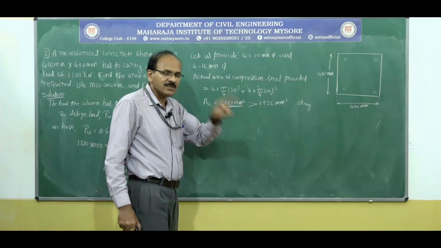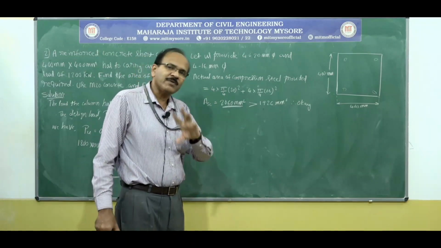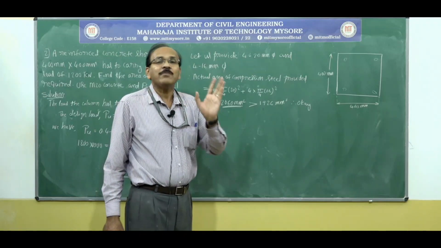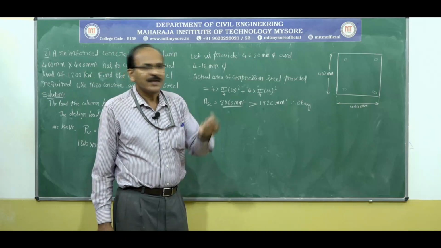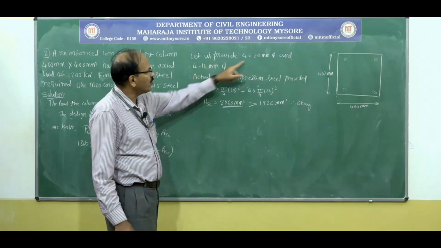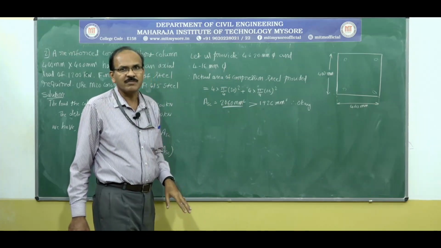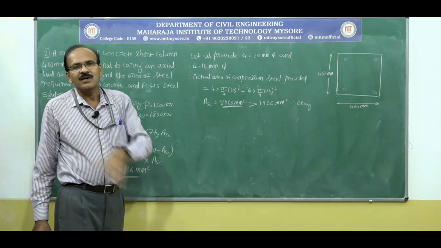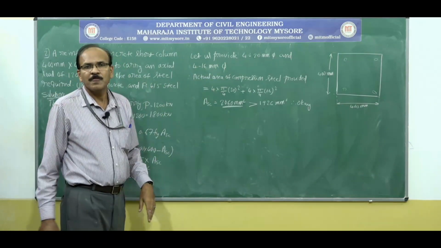So 1926 is the minimum area of compression steel required. So 8 bars of 16 mm is not adequate. So 8 bars of 20 mm is too much. That is the reason we are giving 4 bars of 20 mm and 4 bars of 16 mm. So before deciding, you need to do a little bit of calculation on the margin and then provide these reinforcements. Okay.